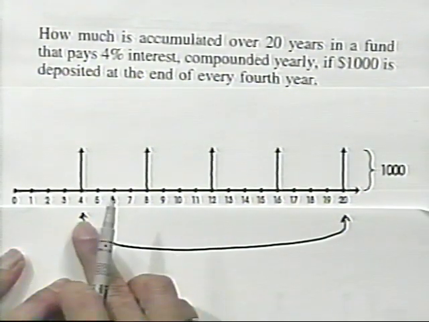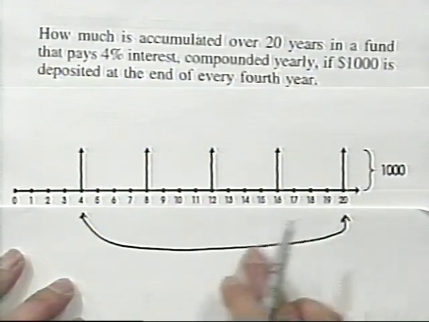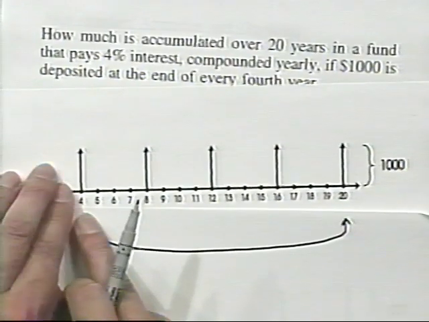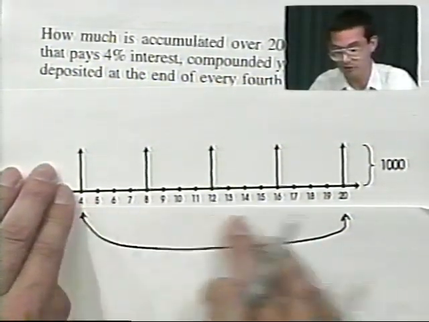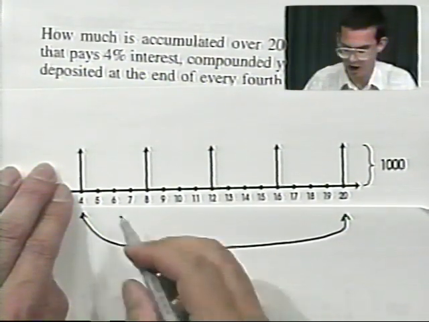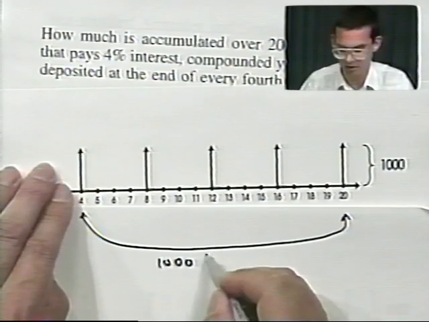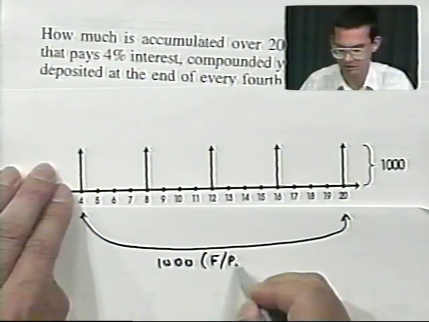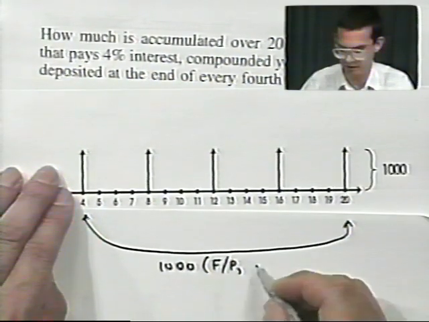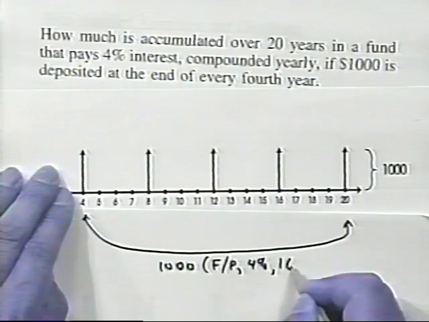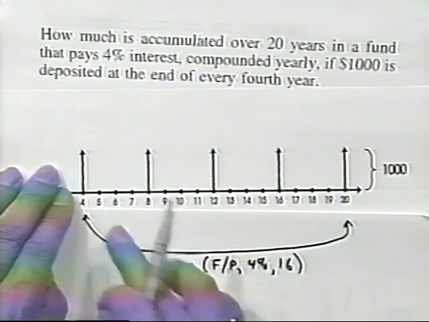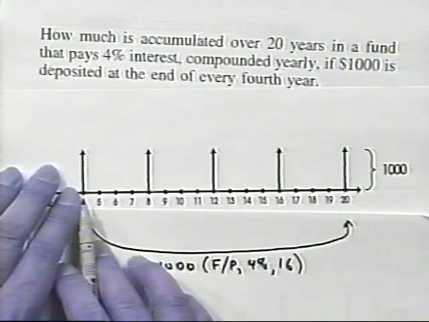That's moving that money over 16 years of time, converting what could be considered a present worth 4 years from now into a future worth 16 years from then. So we take our amount of $1,000, move it forward in time at our interest rate of 4%, 16 years. And that will give us an equivalent for that particular payment alone.